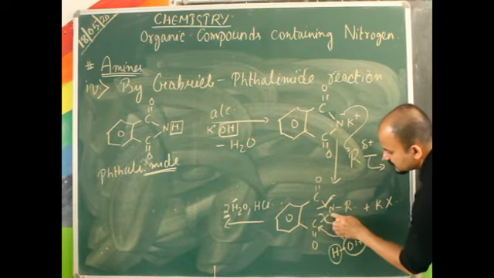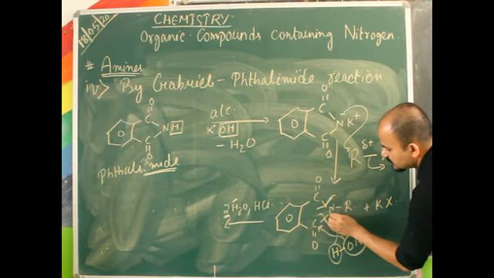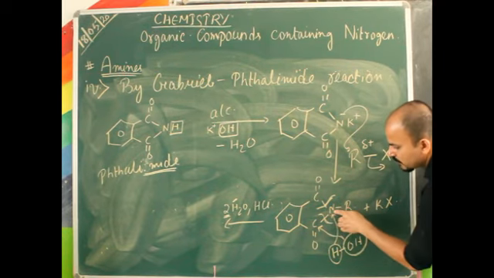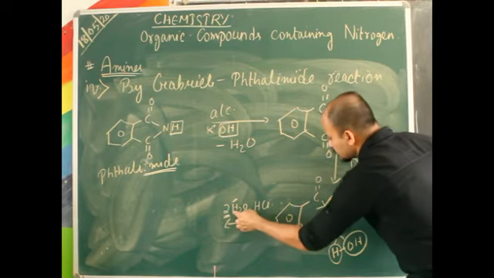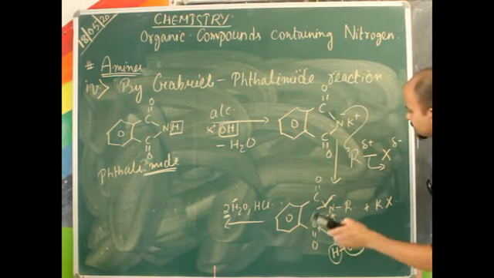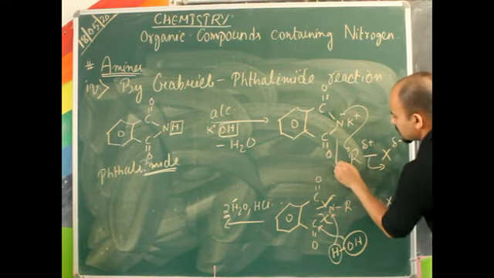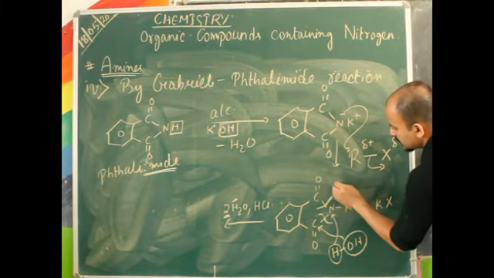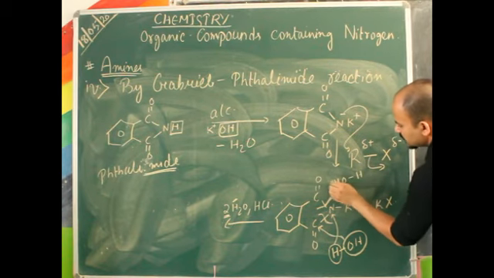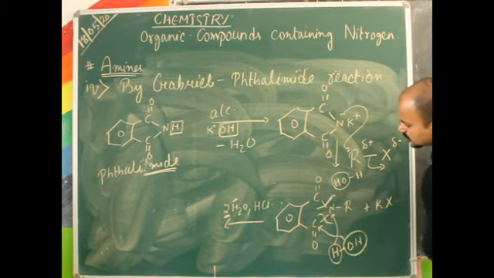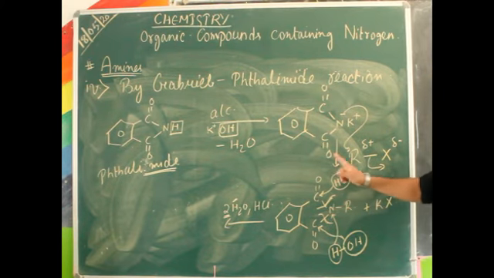And this hydrogen, now, since this bond is breaking, nitrogen's valency has to be maintained. Therefore, this hydrogen alone will go and get bonded with this nitrogen. This is for 1 molecule. We have used 2 molecules. Okay? Therefore, let's write for another water molecule. That is, I am writing this another water molecule here. HOH. Again here, similarly, this OH will go and get bonded with this carbon where C double bond O is present.